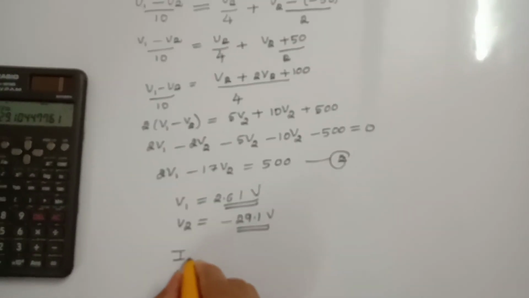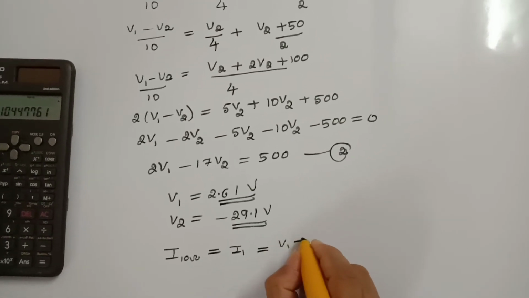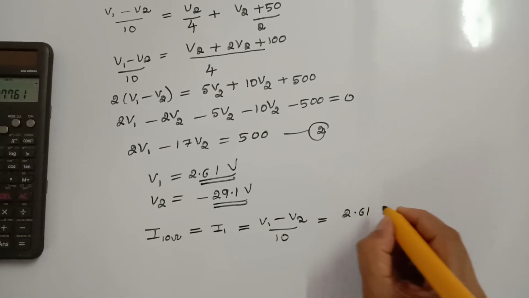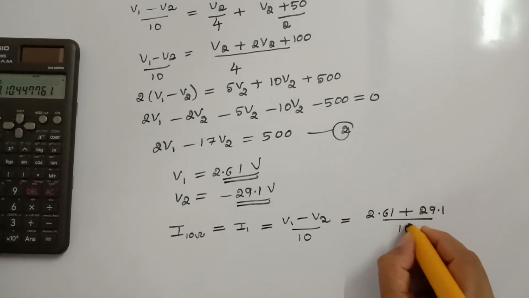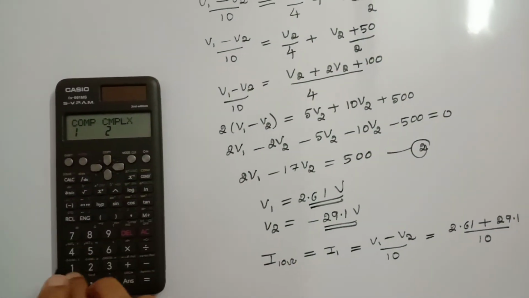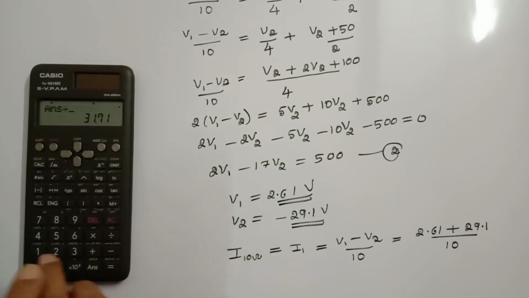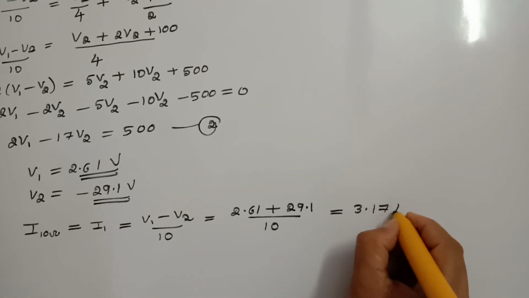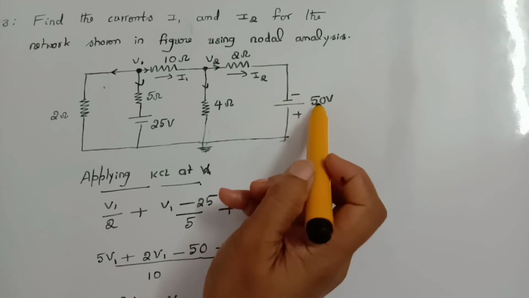So current through the 10 ohm, that is nothing but the asked current I1, which is (V1 minus V2) divided by 10, which is nothing but 2.61 minus of minus 29.1 divided by 10, so 2.61 plus 29.1 divided by 10 is equal to 3.17 amps.